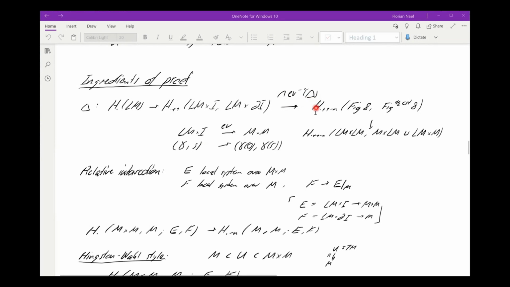The space that you land in is the space of figure 8s, or the space of whatever lies over the diagonal under this map. Things that lie over the diagonal are a loop and a time such that the loop at that time is again the same as the loop at time 0. So it's the same as a figure 8.